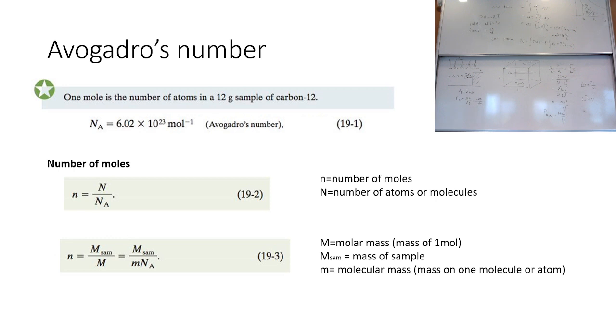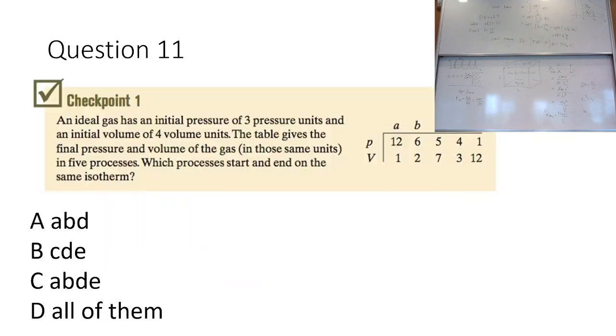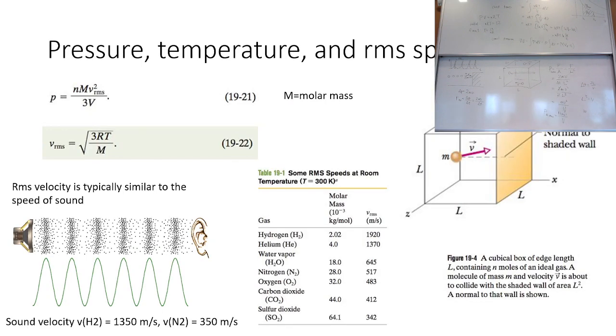We can relate that to, okay, maybe it's just easier to work it out ourselves. So the mass of one atom is related to the, M is the molar mass, right?